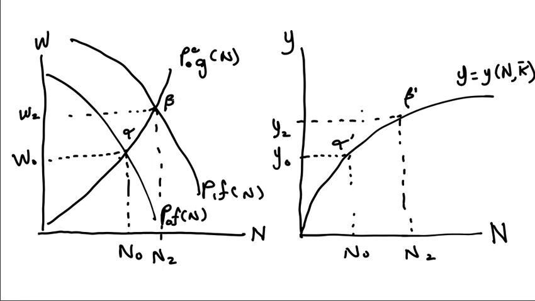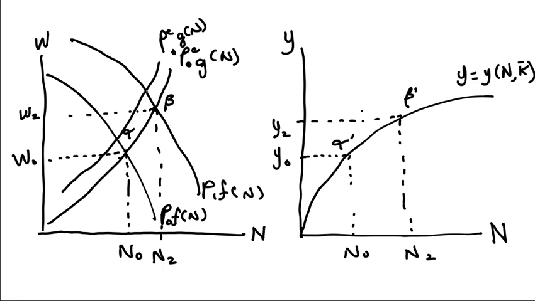As a consequence, we can expect the labor supply to decrease or shift to the left from PE0 GN to PE1 GN. So we move the labor supply to the left. Okay, so this is PE1 GN.